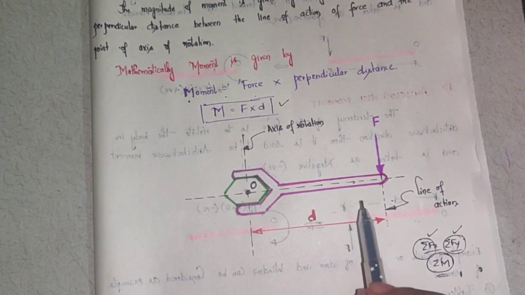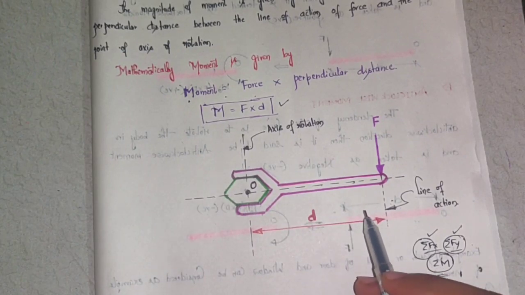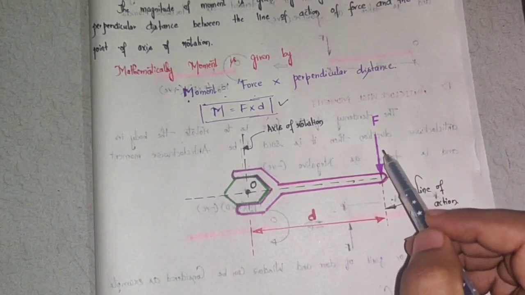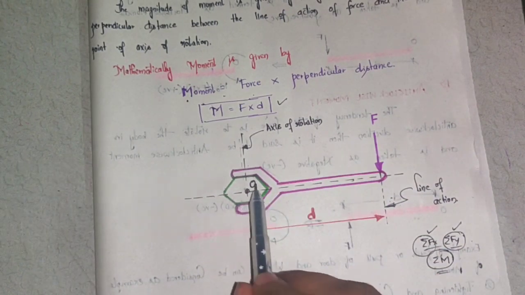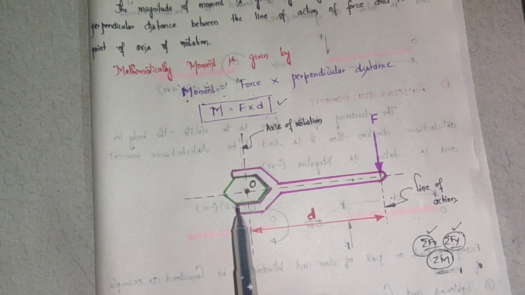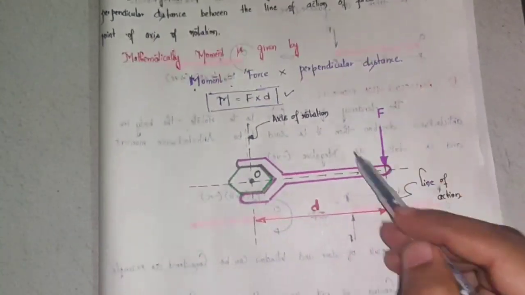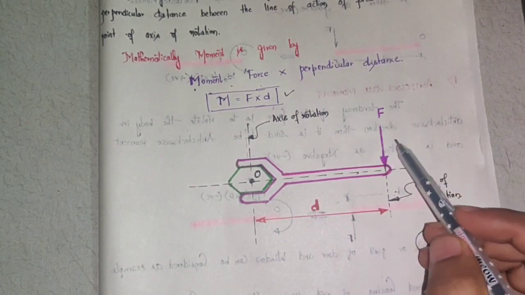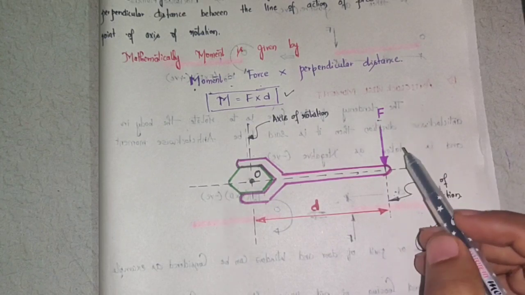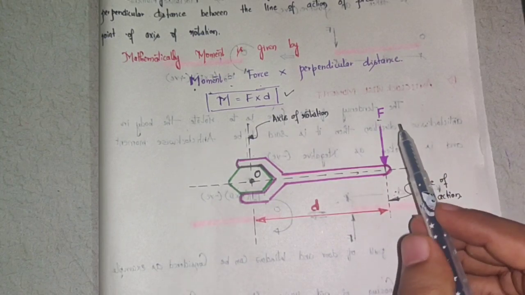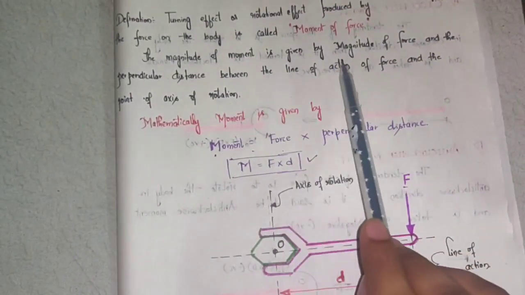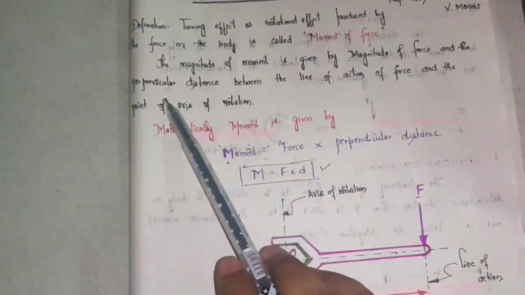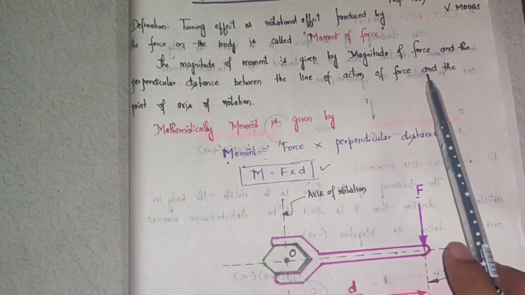Now in order to know the rotational effect caused by this force through the spanner onto this nut at point O, I need to know the force. The magnitude of force here is F, and the magnitude of moment is the magnitude of force and the perpendicular distance between the line of action of force and the point or axis of rotation.